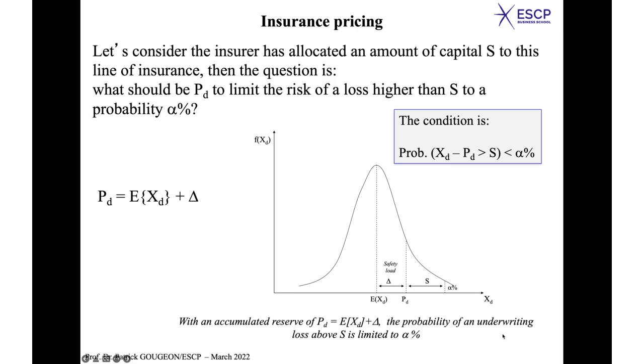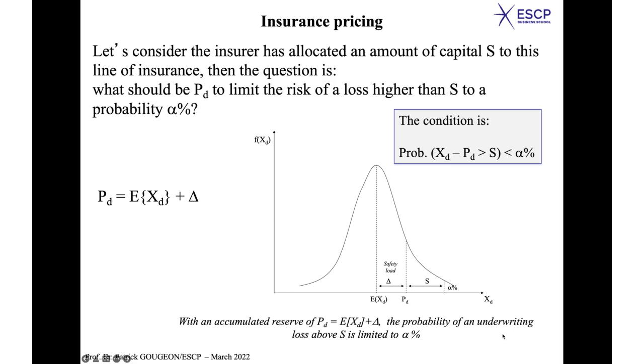Okay? In other words, the conclusion in terms of pricing is that the price, the amount to be accumulated at date D, should include a safety load. PD should be the expected value of the total amount of claims, okay, plus a safety load delta, okay?